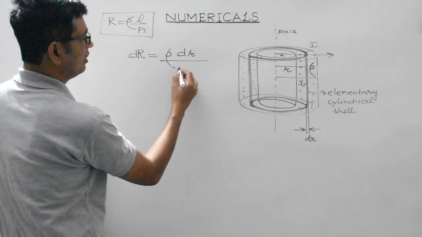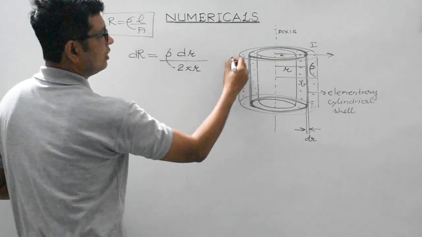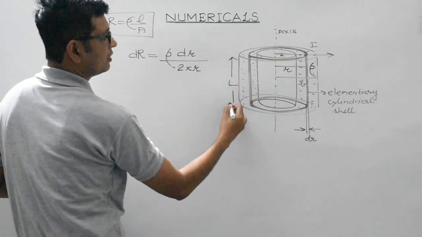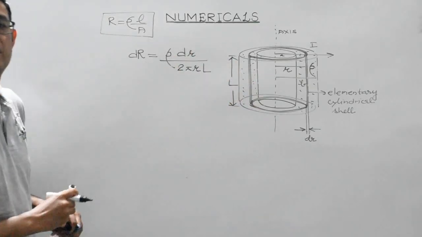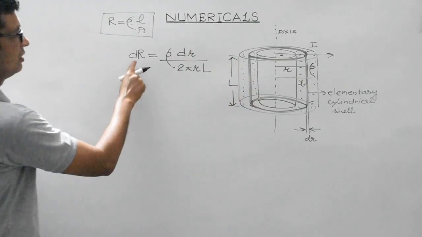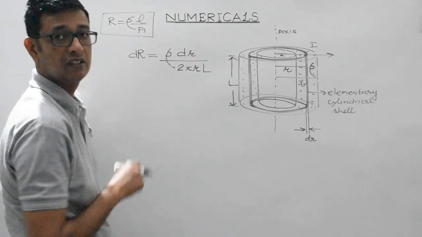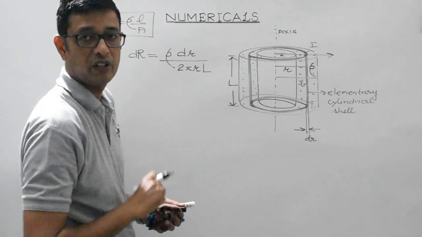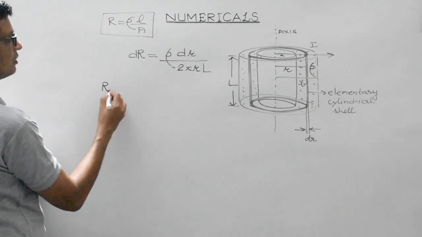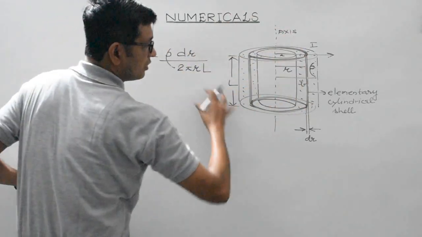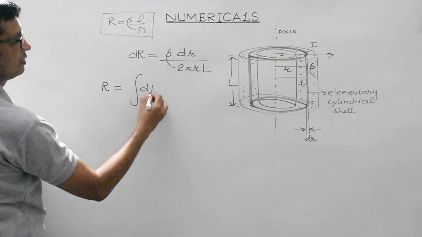So here it would be 2 pi r L, where L is the length of this cylindrical conductor, given in the question. So dR is equal to rho dr over 2 pi r L. This is the length, and this is the area through which current will flow.